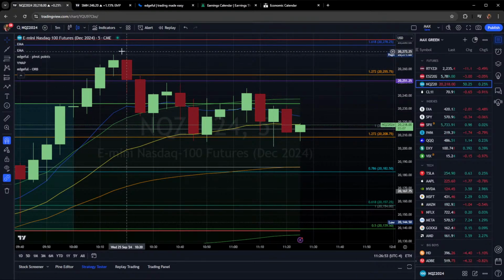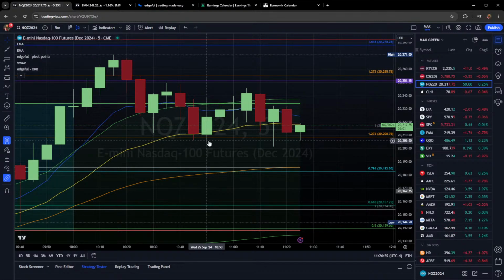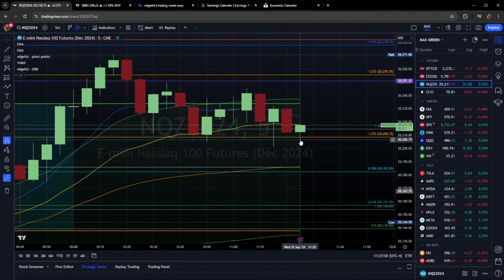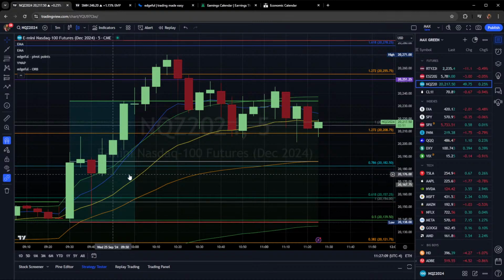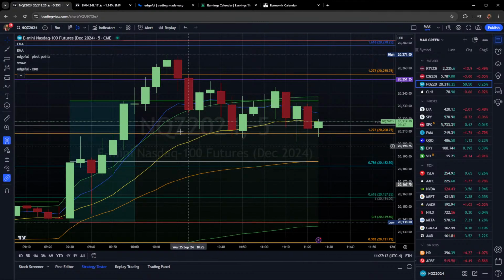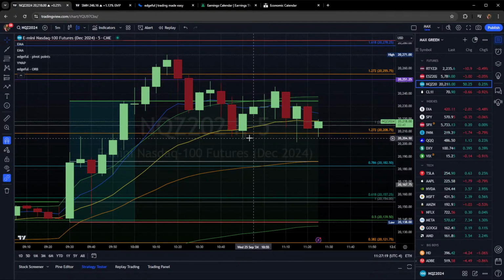But we haven't made another, here's a high, here's a lower high, here's a lower high. And this is equal lows basically. This wick did come down, but this is basically equal lows still. So I really don't have higher low, higher low, higher low. I have lower high, lower high, lower high, higher low, equal low, kind of invalidating this.